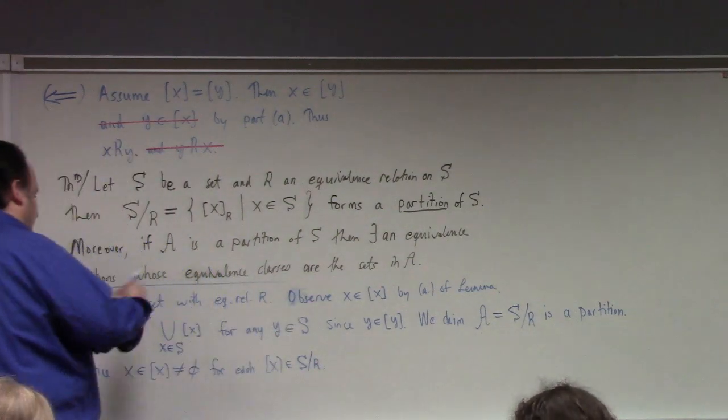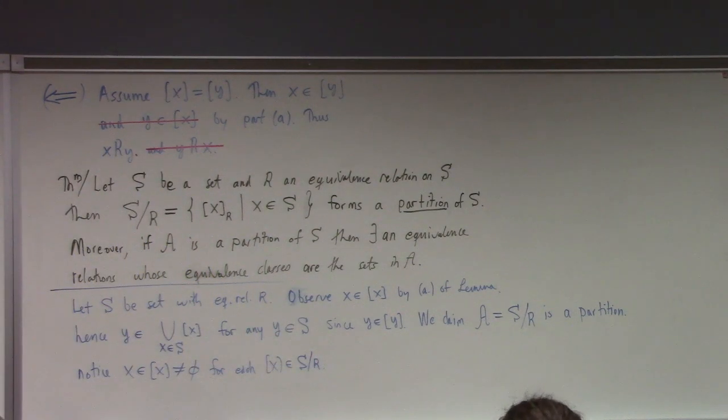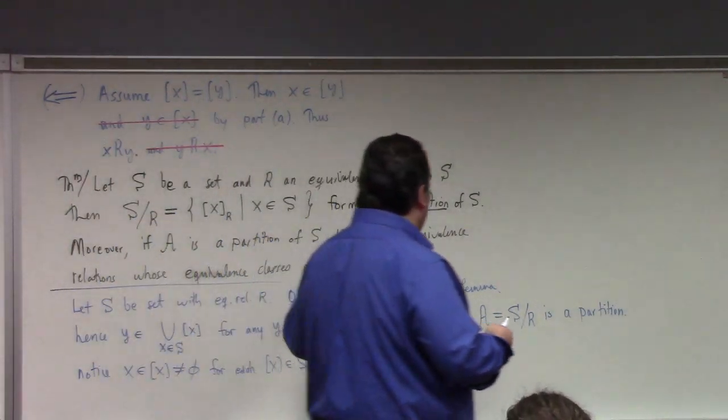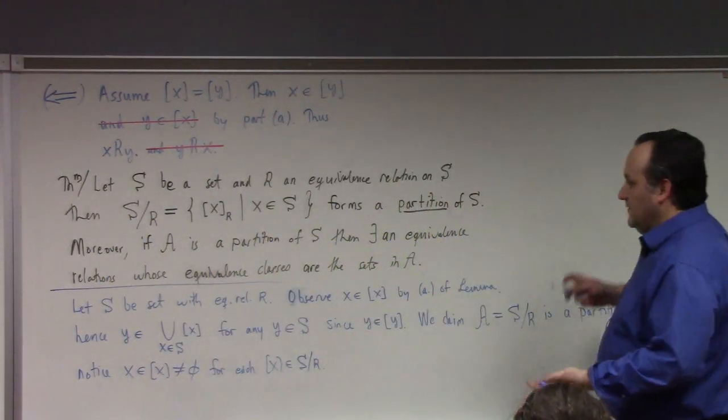So they're non-empty because x is always in the equivalence class represented by x. It's impossible to have an empty equivalence class, by our definitions. And then finally, a partition needs to be a collection of non-empty sets whose union is everything.